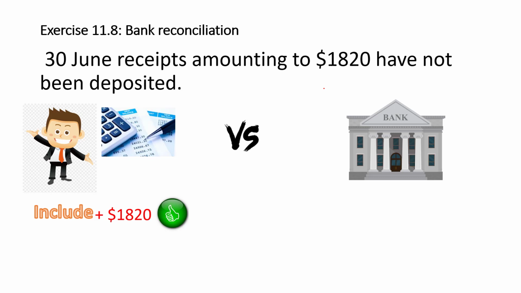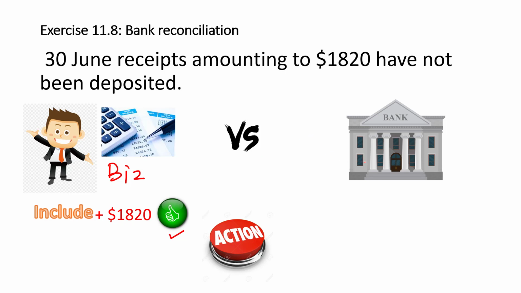Then we look at this adjustment. On 30th June, receipts amounting to 1,820 have not been deposited. It means we received it in our business, and we have recorded this receipt of cash, 1,820. This is correct. However, we did not deposit the amount to the bank yet.